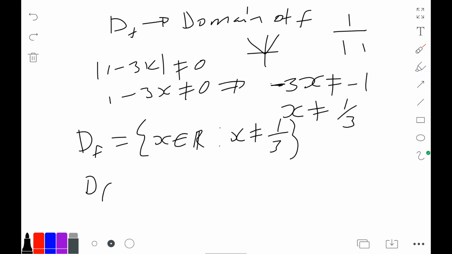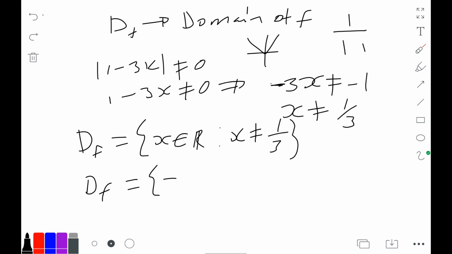Sometimes you can write the domain of f in interval form. Let me just write it properly.